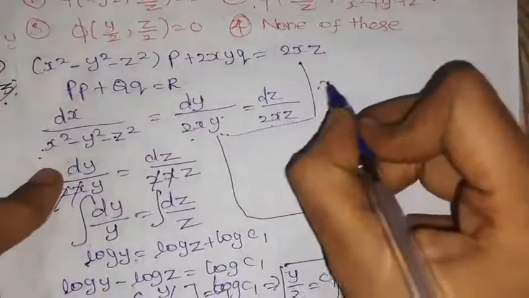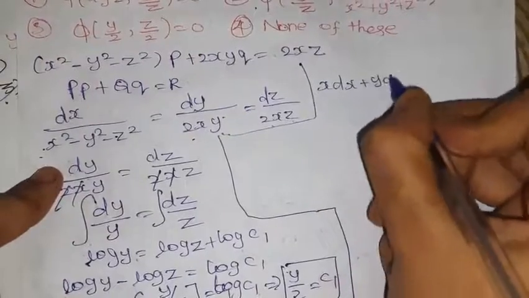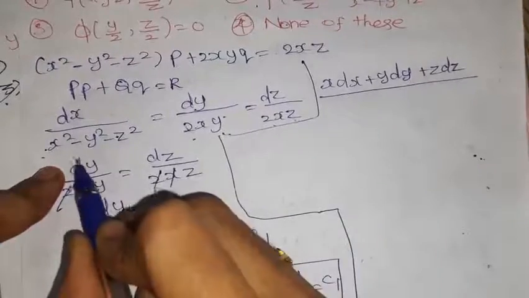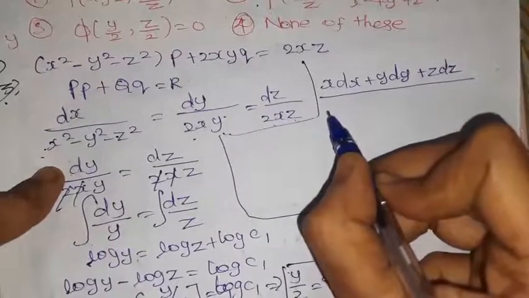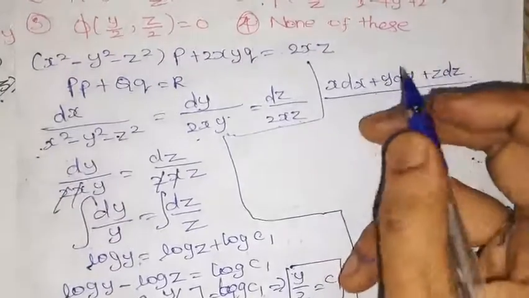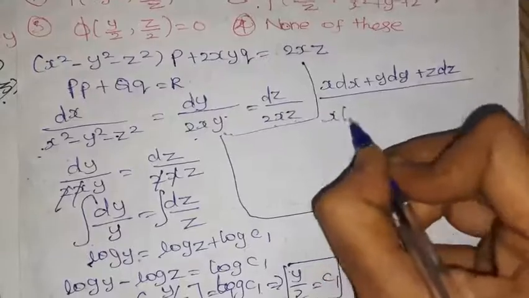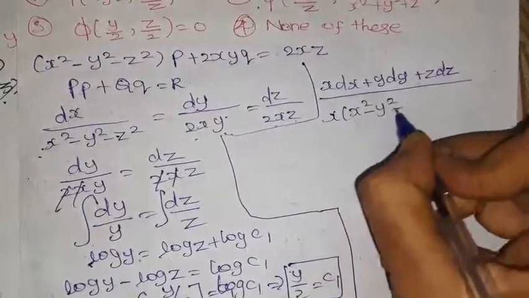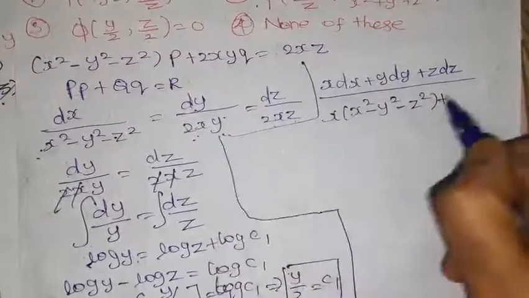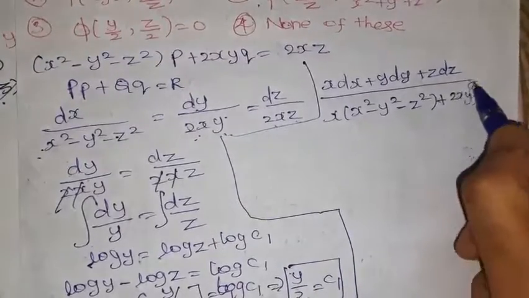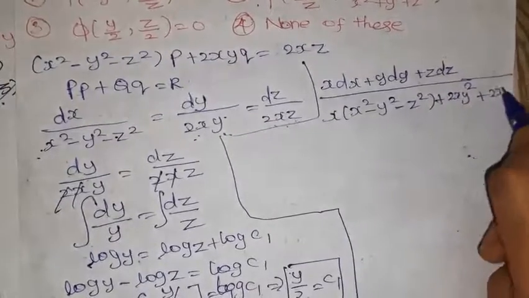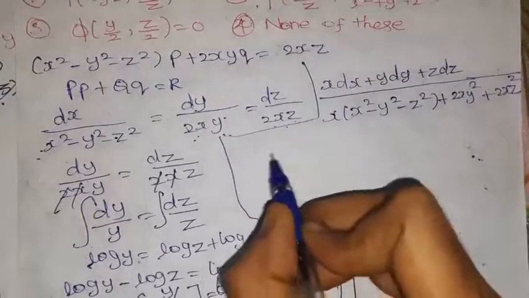Then we can do it like this: x dx plus y dy plus z dz equals, in the numerator, multiply by x, x squared into x squared minus y squared minus z squared, plus multiply by y, 2xy squared, plus multiply by z, 2xz squared. So how can we eliminate?